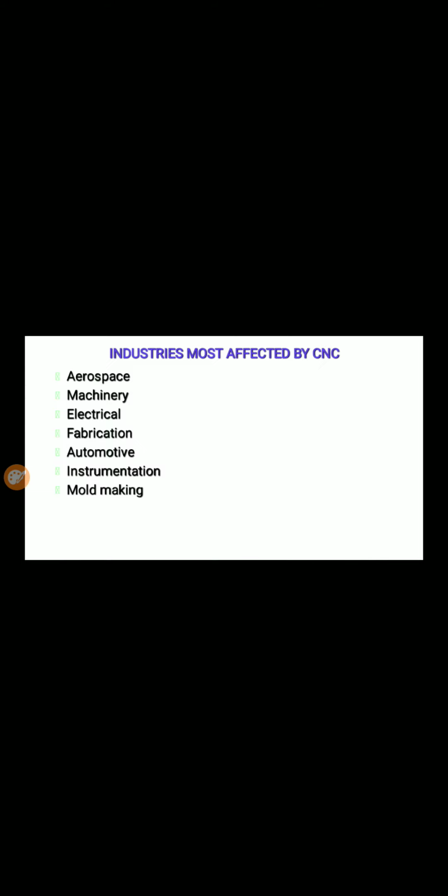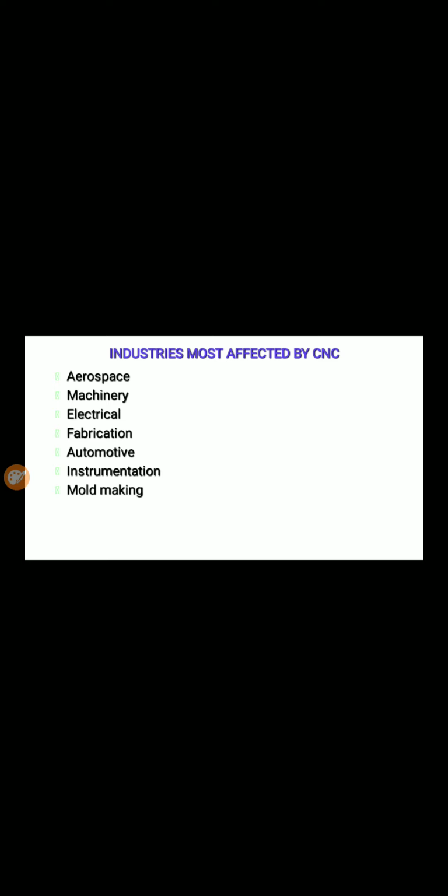Now I'm going to tell you which industries are totally influenced by CNC machines and automatic numerical control machines. Aerospace industries, because the innovation happened only due to the extreme needs of the aerospace industry, where we use complex machinery.